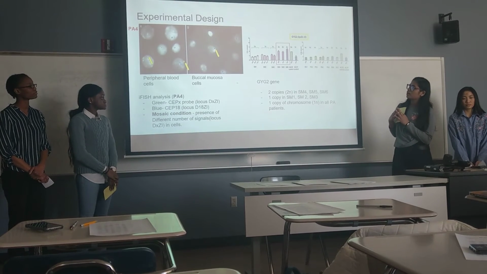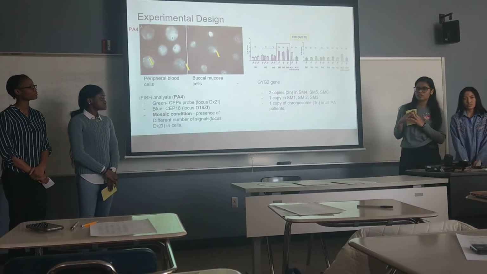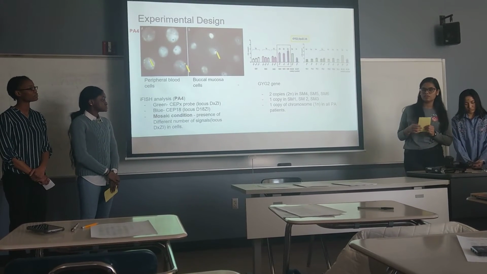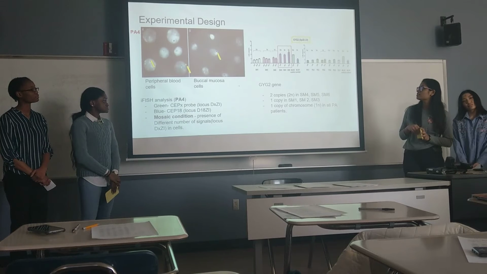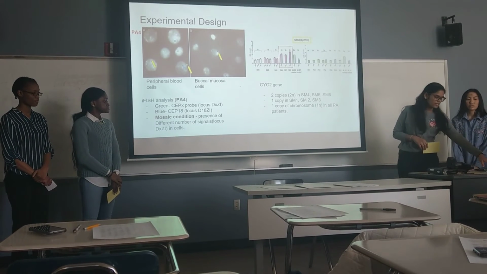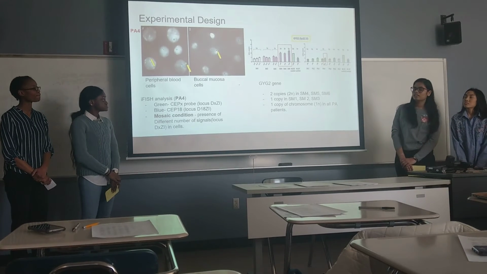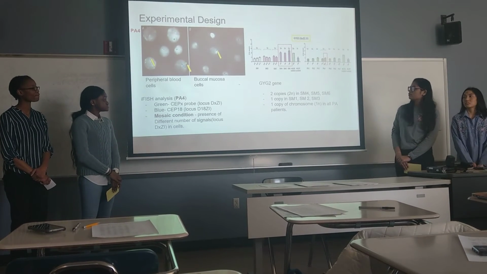These were compared between peripheral blood cells, buccal mucosa, and vaginal cells, while SM4, SM5, and SM6 were only compared for peripheral blood cells. In the PA patients, with primary amenorrhea, there is only 1 copy of the gene in all of the PA patients.